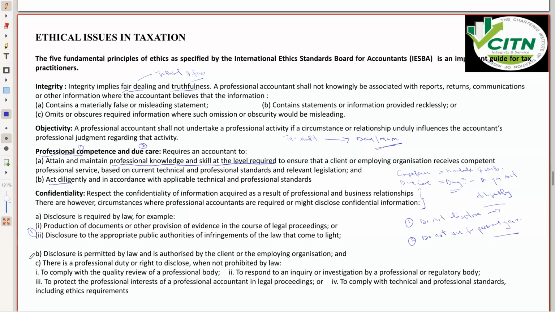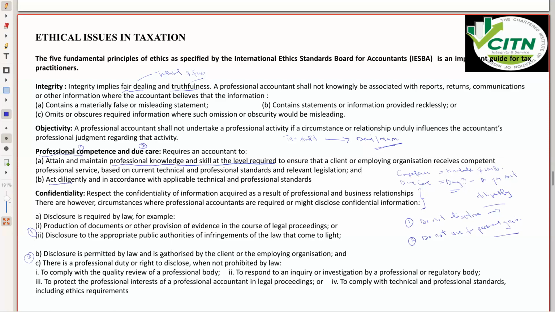Second is if the disclosure is permitted, not required. Required means mandatory, but this time it's permitted and is authorized by the person who is the source of that information. Sometimes the business is going to be sold and the other party is interested in certain information because they know you undertook a review of that business, and they seek the permission of the owner of the business for that information to be disclosed.